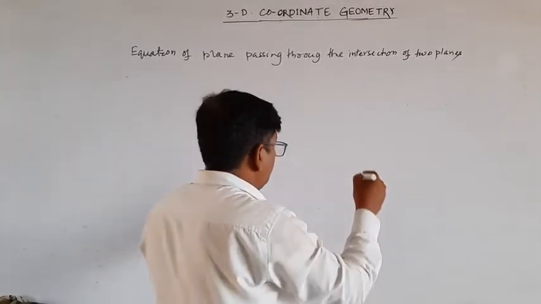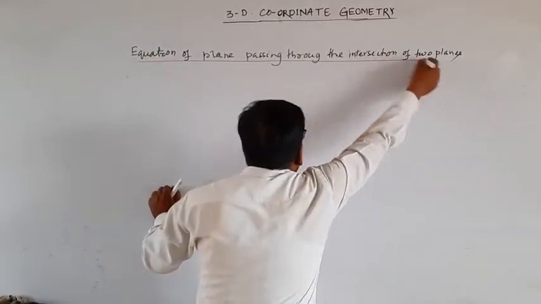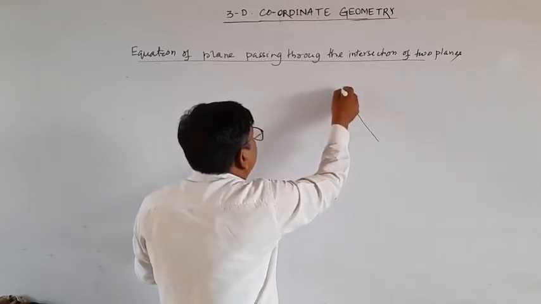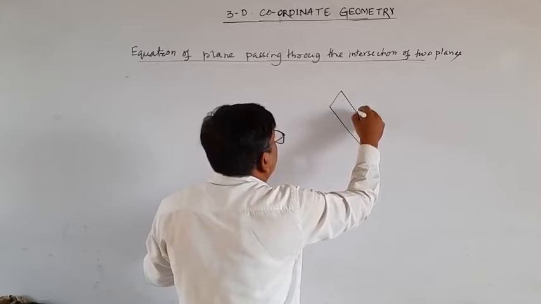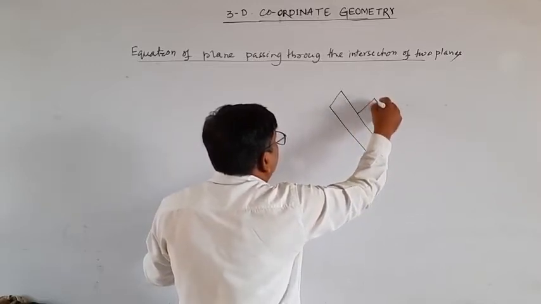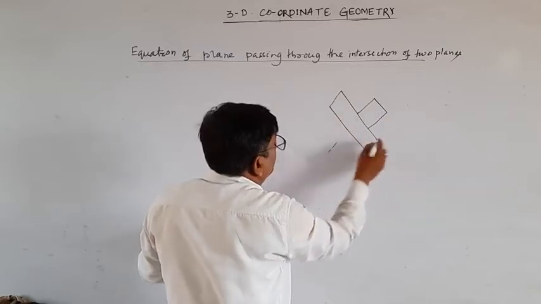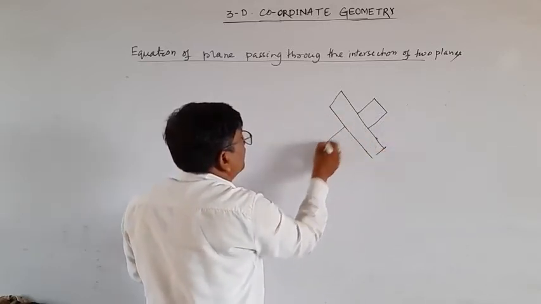Okay, now the diagram is, this is Cartesian form. The plane is like this. Suppose this is a plane and this is another plane, this is another plane, this is another plane.